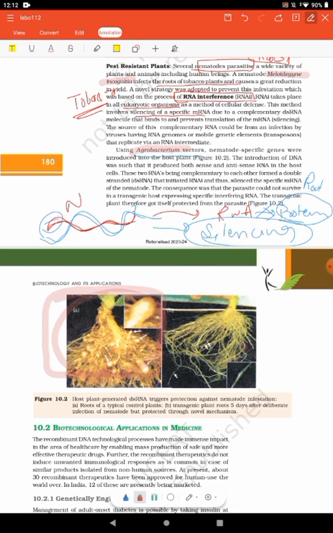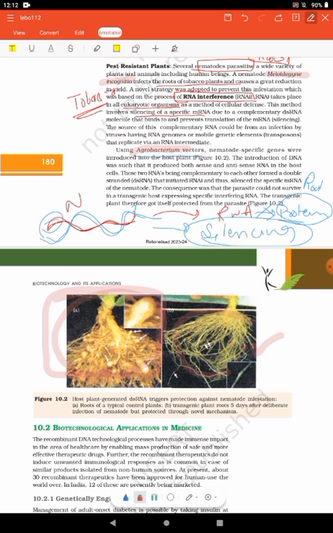To check this, nematodes were deliberately inserted in the rhizosphere, and it was found that there is no infection.